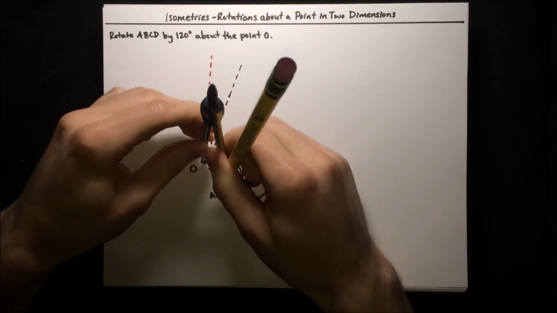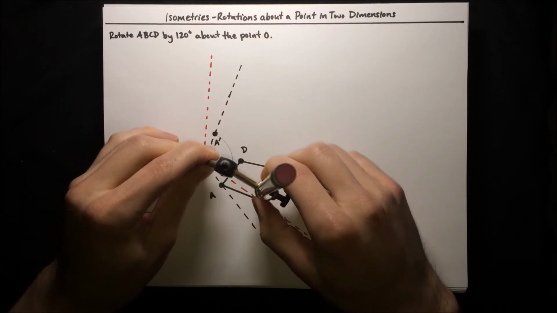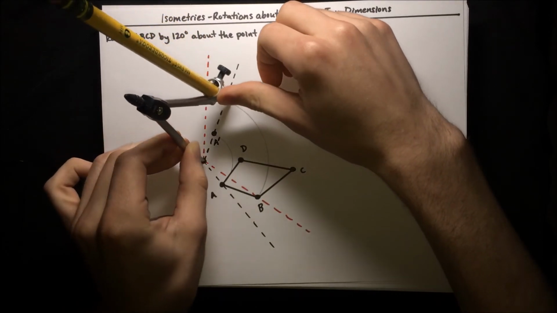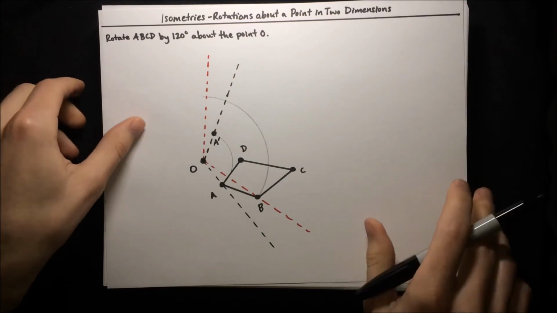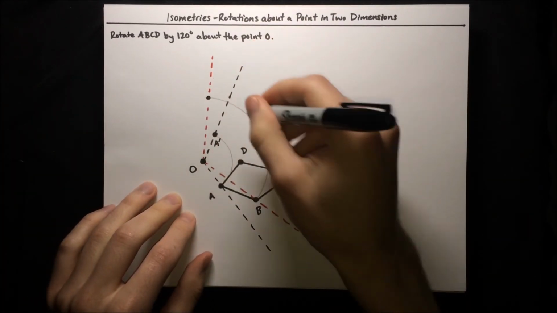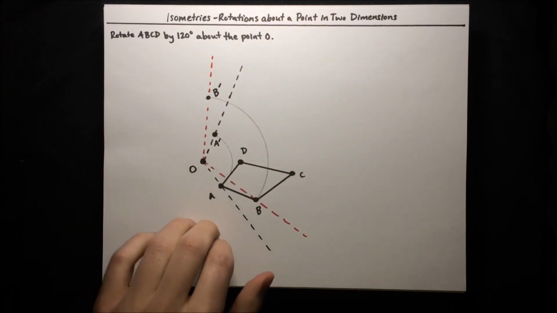So get our compass and line it up, O to B. Let's bring that around. Let's figure out where it hits the other side of the angle. It's right there. So that's where B will go. That'll be B prime, our rotated point B.